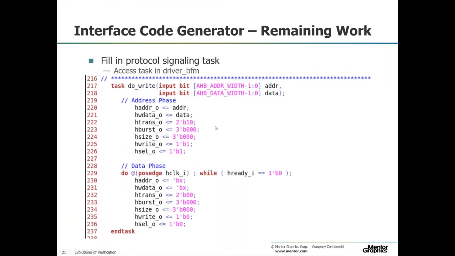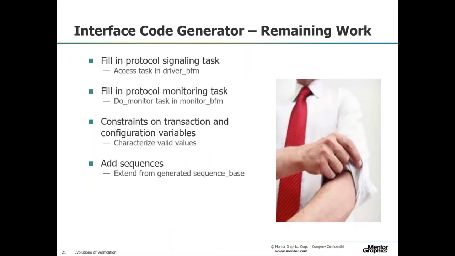I need to assign these variables, I need to wait a little bit of time, assign these variables, et cetera. So you just give the signaling for that particular transaction. So maybe I do a do read and a do write in my driver. In my monitor, when I see this activity, I'm going to get that. I create a couple of tests.